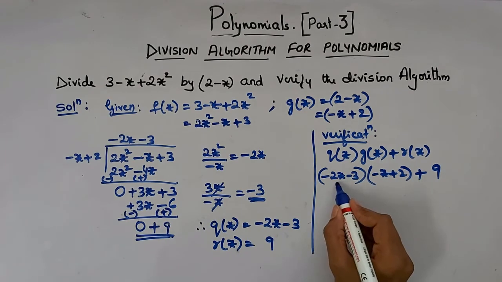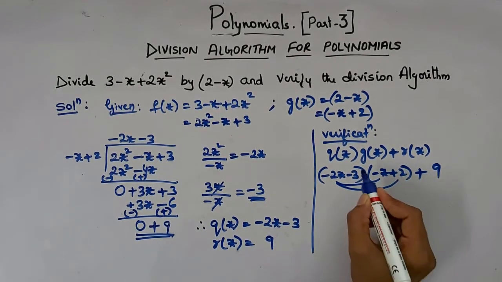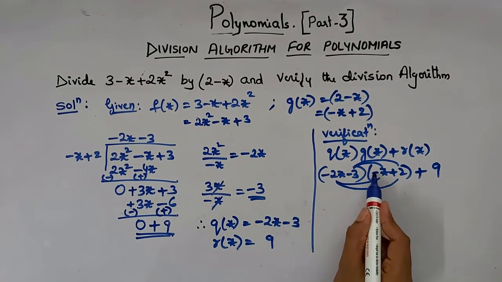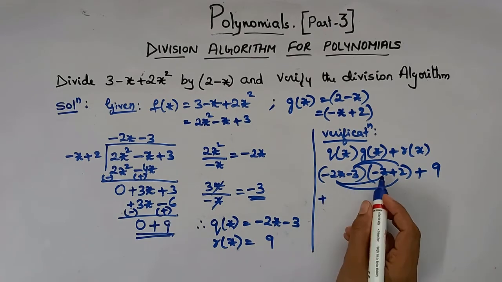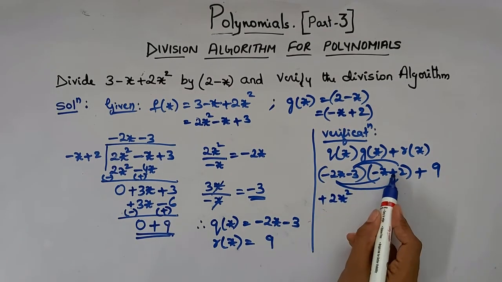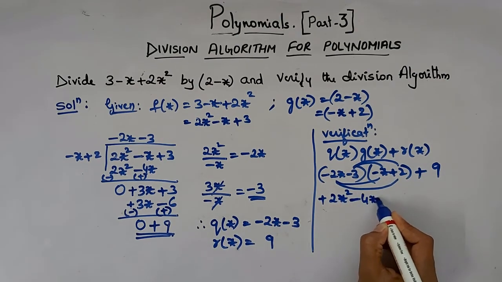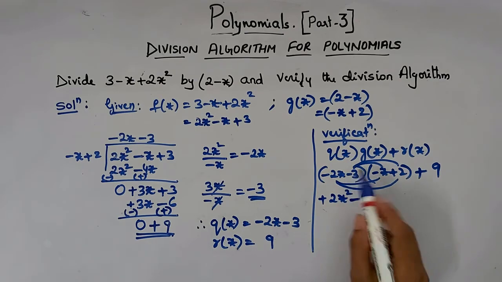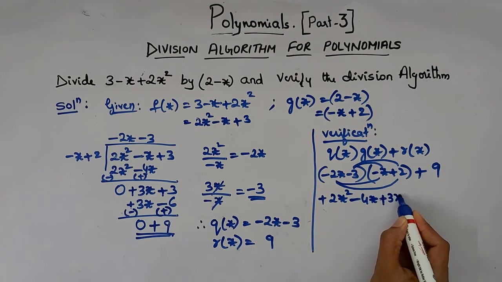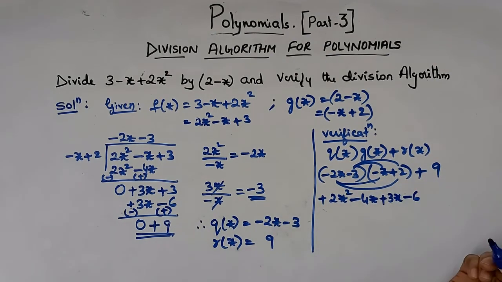So multiply this into this and this into this, plus this into this and this into this. That is minus into minus plus 2x into x is 2x square. So again minus into plus is minus 2 twos are 4x, right? So now minus 3 into minus x is minus into minus plus 3x, minus into plus is minus 3 twos are 6, right?